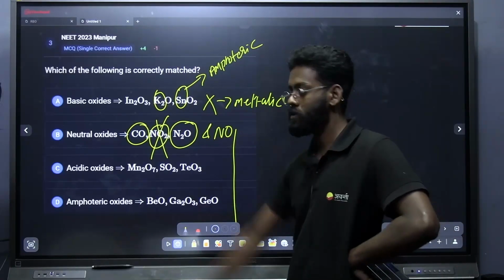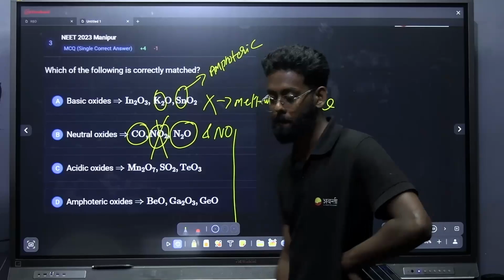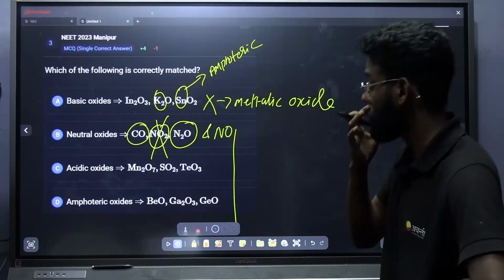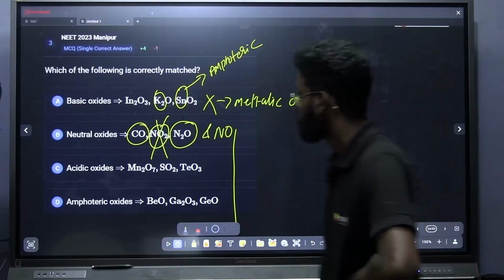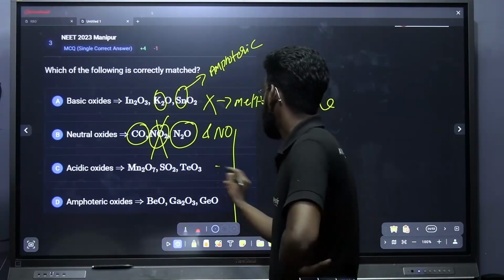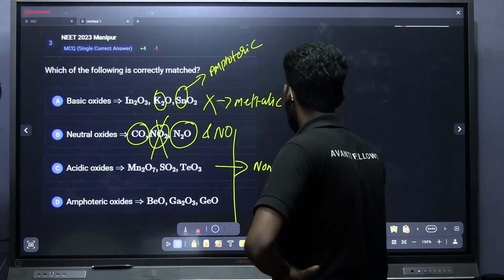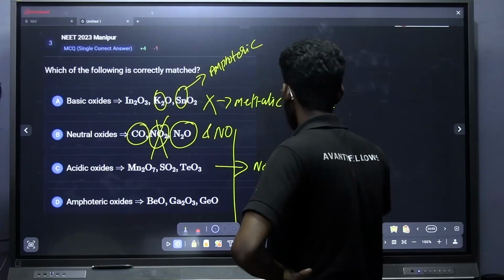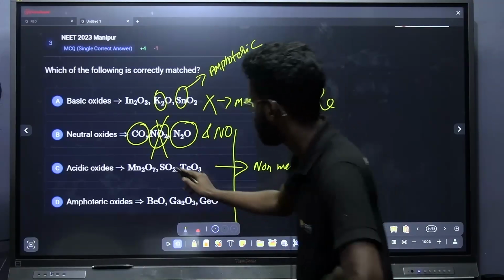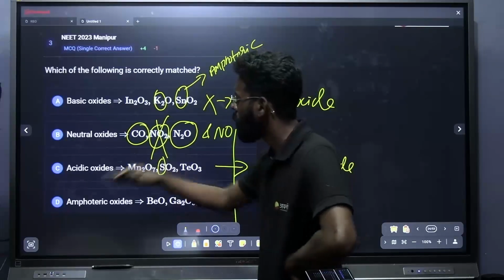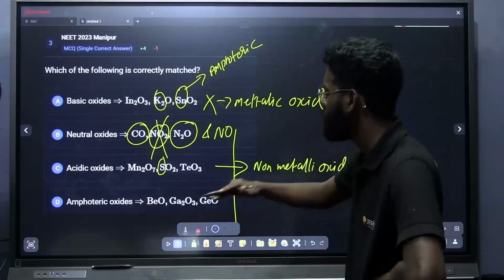Now what about option C? Few of you have given option C, right? What is the thing you should note down in option C? Acidic oxides are non-metallic oxides. Here you can see sulfur is a non-metal. The remaining, manganese and tellurium, have more metallic nature, or they can be metalloids.